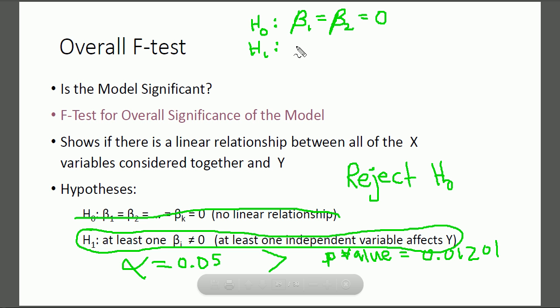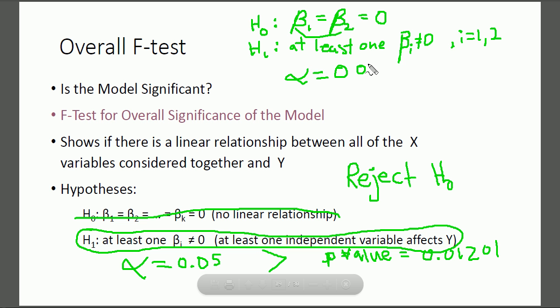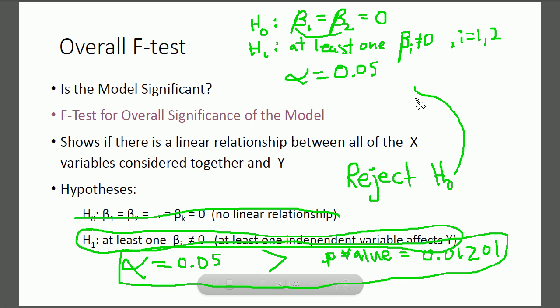At least one of these guys up here, beta i, not equal to 0, and i would be either 1 or 2. And since I told you to use alpha of 5%, you would then make the decision we did down here. You would reject the null.